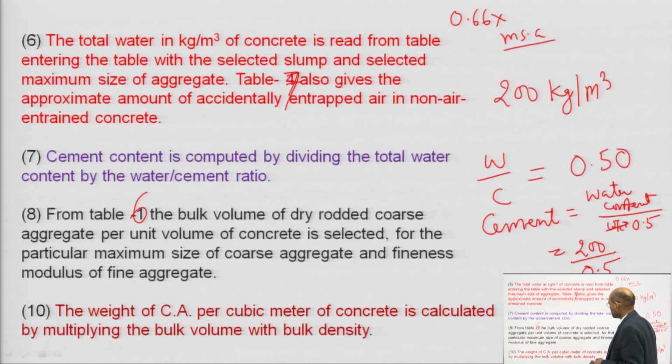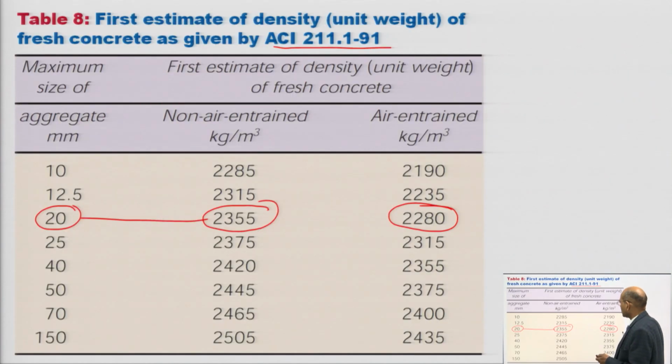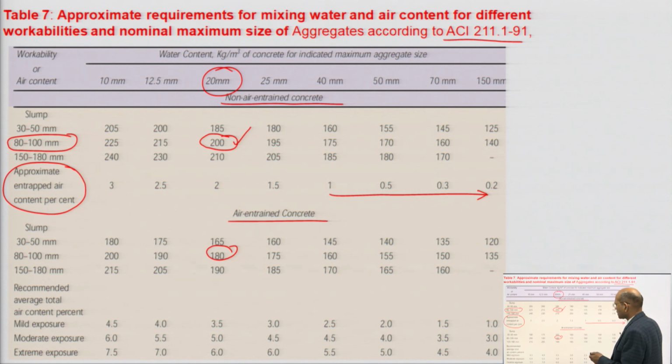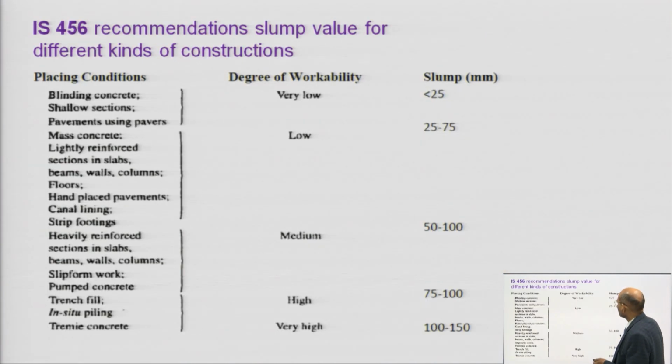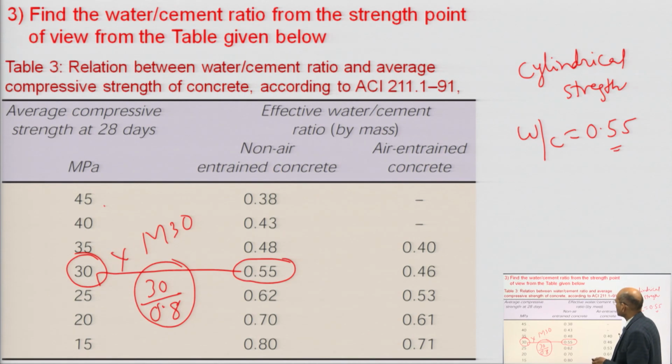So, this 0.66 is multiplied by the bulk density of the aggregate you have selected. That is supposed to be given in the data.